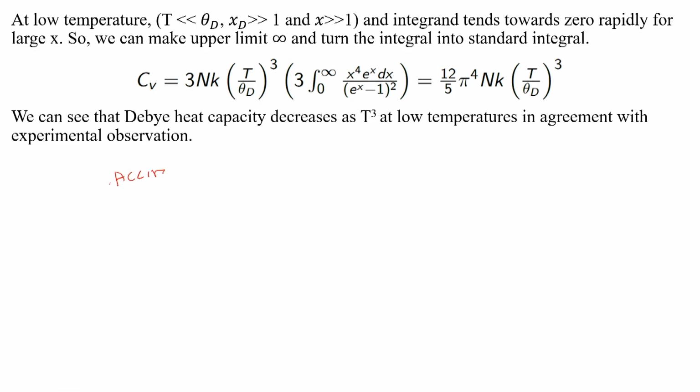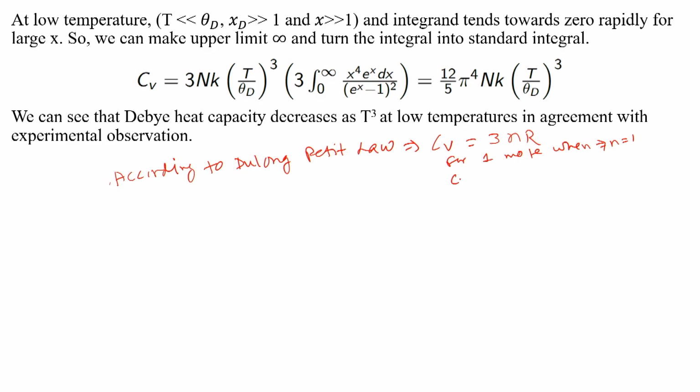According to Dulong-Petit's law, Cv is 3nR, or for 1 mole, when n equals 1, Cv is 3R, or you can write Cvm, the molar heat capacity. This is according to Dulong-Petit's law. This is constant. There is no variation of Cv with temperature.